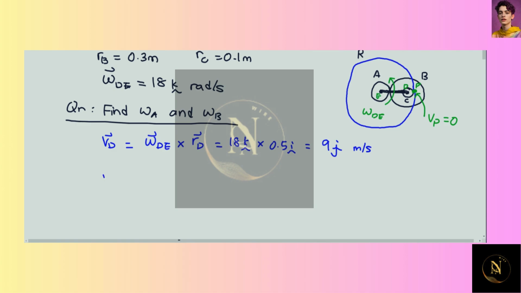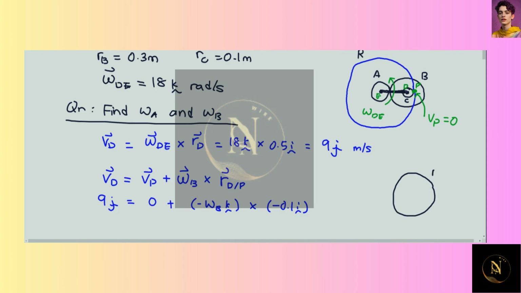VD is equal to VP plus omega B cross RD relative to P. So VD is 9J, VP is 0, and omega B is going to be minus omega B K cross minus 0.1I.